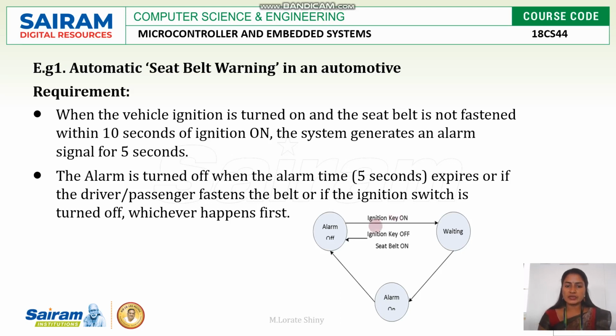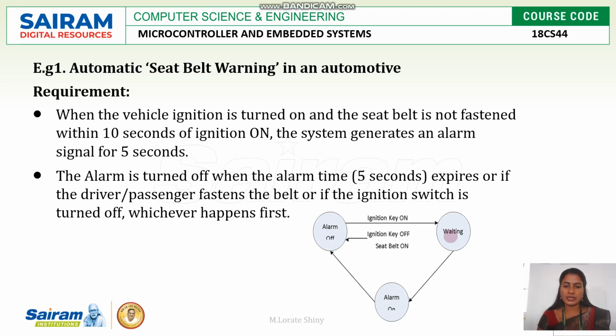Okay. For this, we have to draw the FSM model, the finite state machine model. So there are 3 states: alarm off, waiting and alarm on. Initially, the alarm will be in the off state and it will be waiting for the ignition key to turn on. When the ignition key is turned on, it will go to the wait state. It will wait for 10 seconds, checking whether the driver or passenger has fastened the belt.